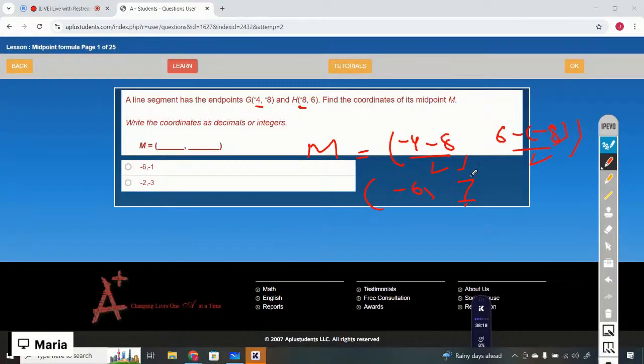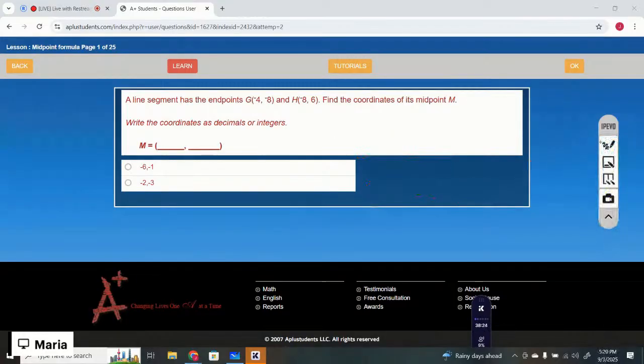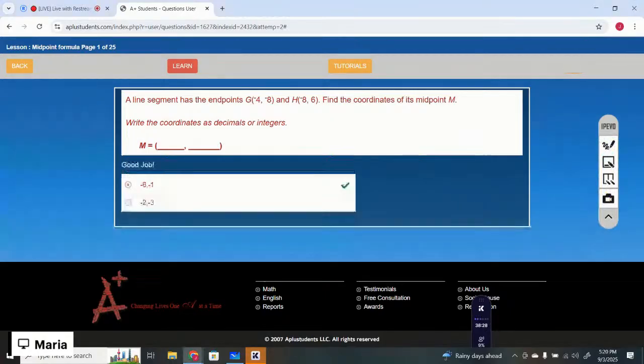Negative 6 and 1. Option number 1 is the correct option.